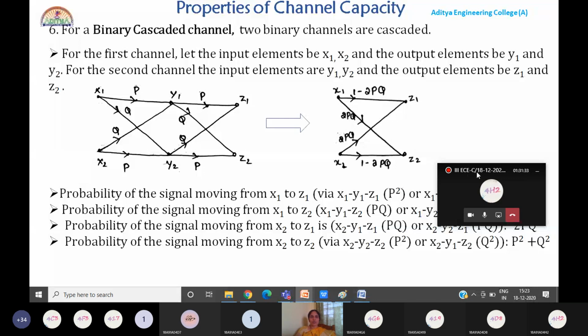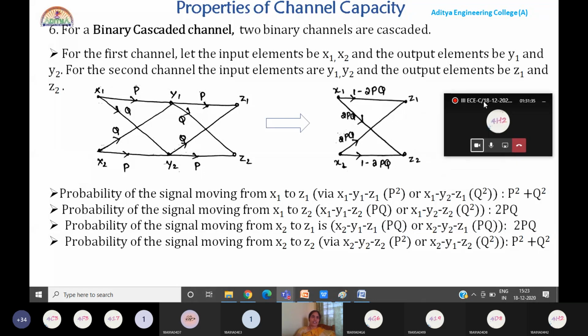Okay, and let us move to the binary cascaded channel. This is the sixth property of channel capacity. So first one is noise free channel, second is independent channel, third is symmetric channel, fourth one is binary symmetric channel.